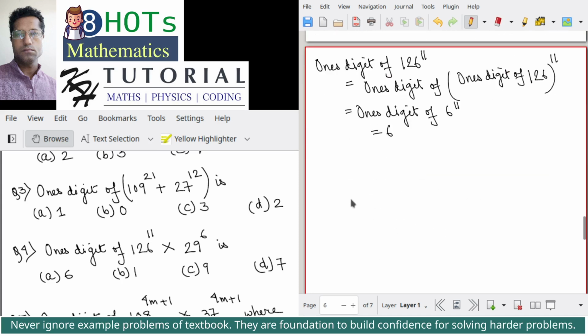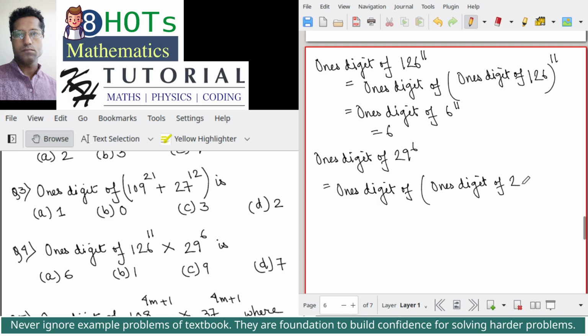The ones digit of 29 to the power 6 is equal to the ones digit of 29 whole raised to the power 6, and this is equal to the ones digit of 9 to the power 6, since the ones digit of 29 is 9.